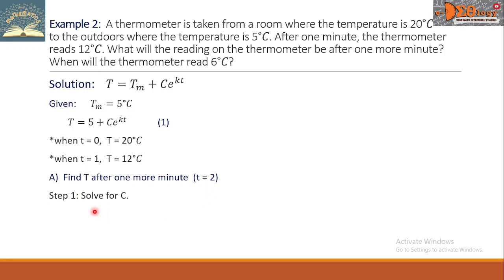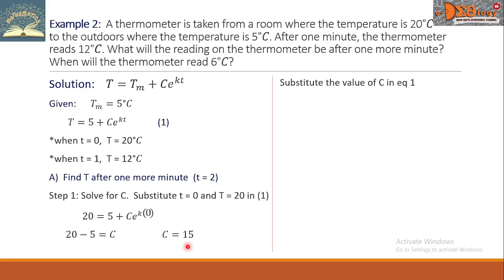So for step 1, let us solve for C. Let us substitute t equals 0 and capital T equals 20 in equation 1. So it becomes like this. Let us simplify further. So we have 20 minus 5 is equal to C. And the difference here is the value of C, which is 15.